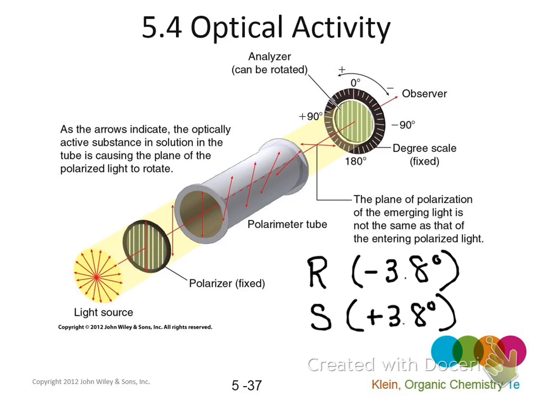So it turns out if you have an equal concentration mixture of enantiomers, the optical rotation will be 0. We call that a racemic mixture.